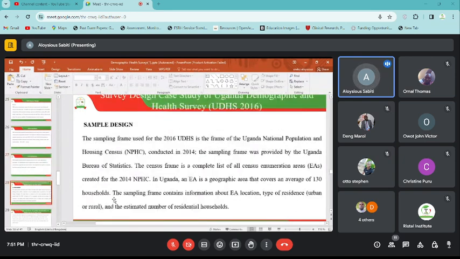But as I conclude, I designed what we call the survey design case study of Uganda's Demographic and Health Survey. So what I have been explaining regarding survey design, we have a case study here, and I just want us to run through the case study.